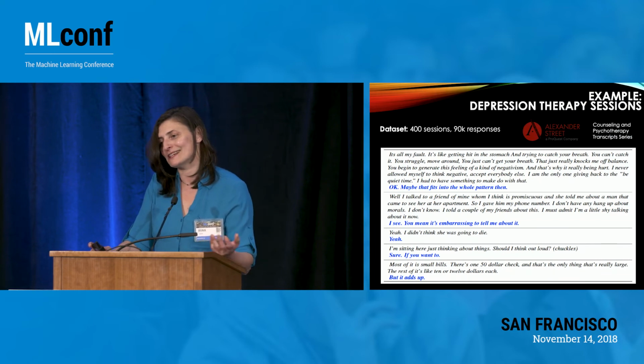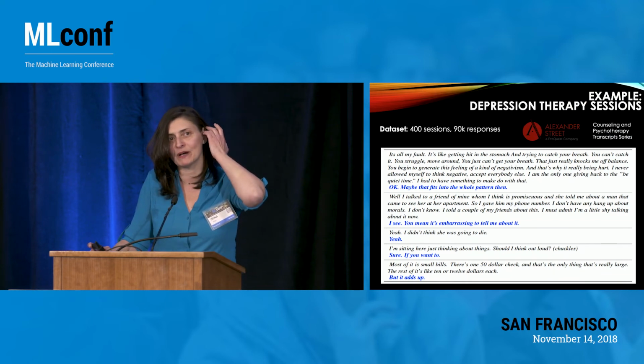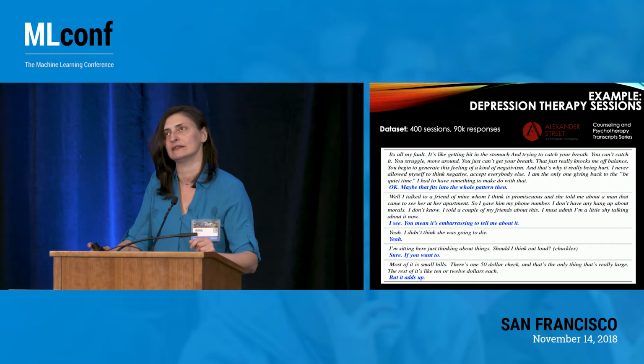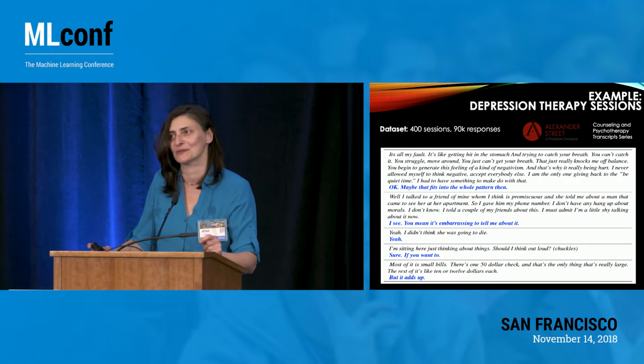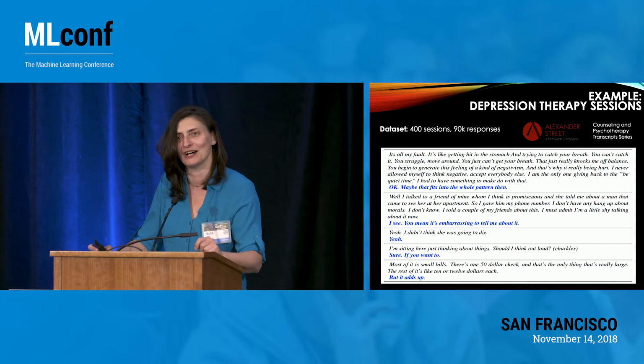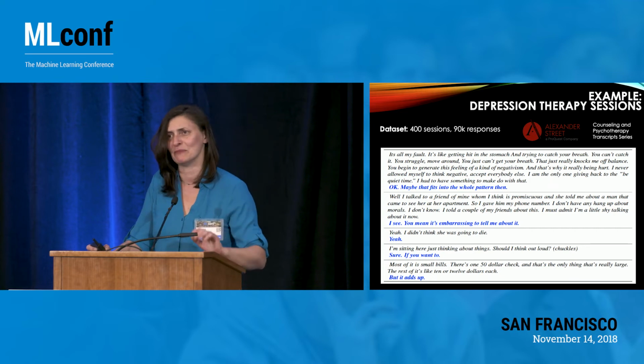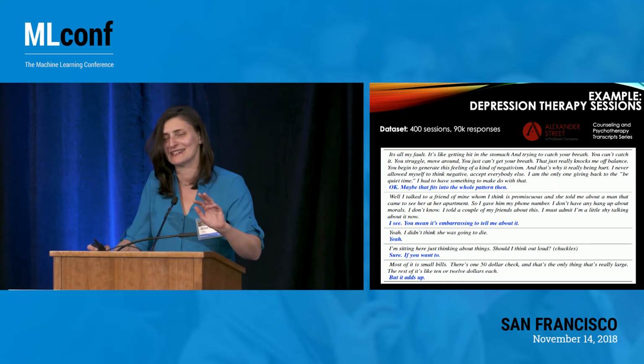So we were recently playing with publicly available data sets. For example, this data coming from the Alexander Street company. The data set contains multiple therapy sessions, particularly, say, in depression. And this is just a snapshot of how the data might look. It's one of the discussions between a particular patient and a therapist.